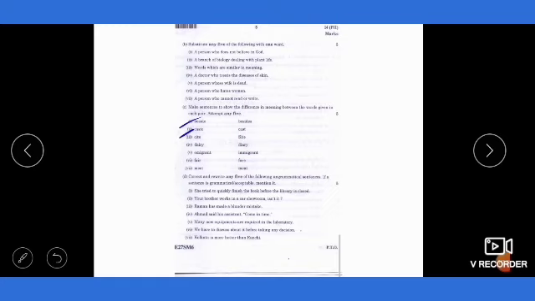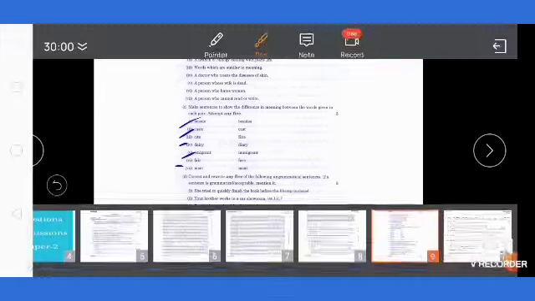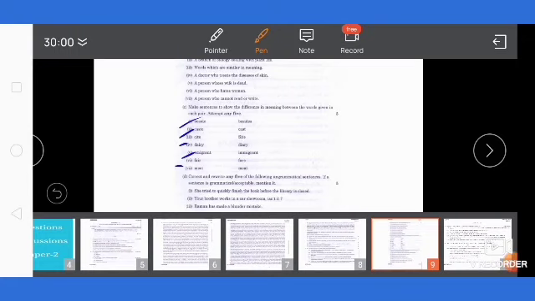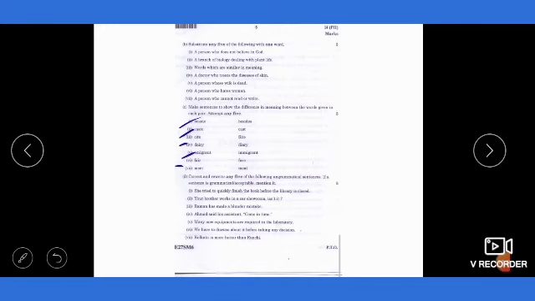Number 2, cast, caste. 3, site, sight. 4, diary, dairy. 5, immigrant, emigrant. 6, fair, fare. 7, meat, meet. You have to write; they sound the same, but their meanings are different. Okay.